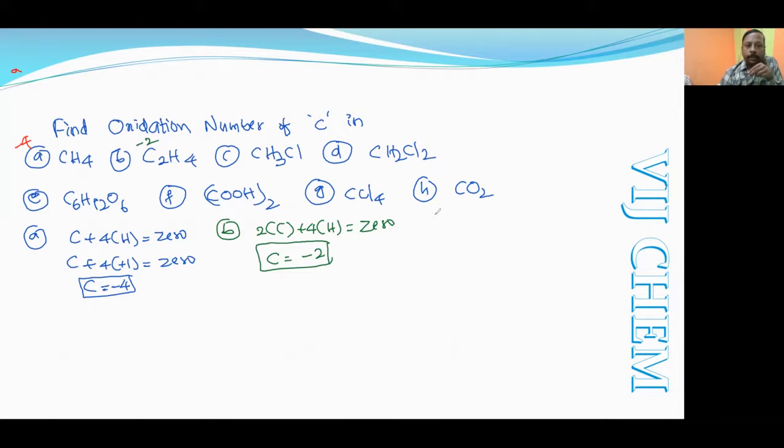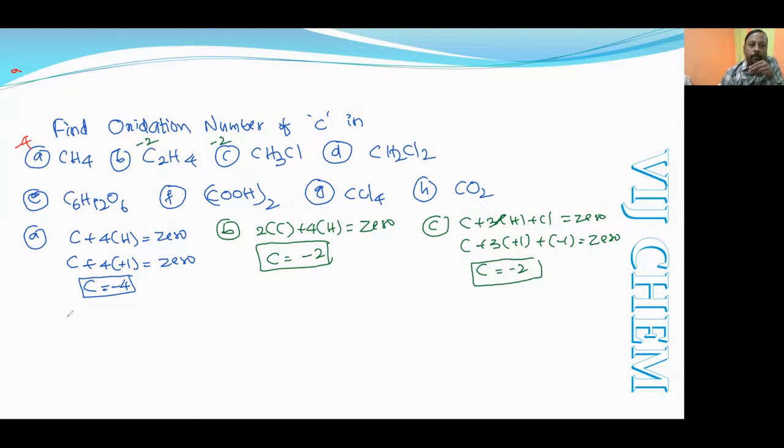Then CH3Cl. So C plus 3 into hydrogen plus Cl is equal to 0. Carbon we have to find out; 3 into hydrogen will be +1 and chlorine will be -1, is equal to 0. So 3 minus 1, that goes to the other side, this will also be -2.